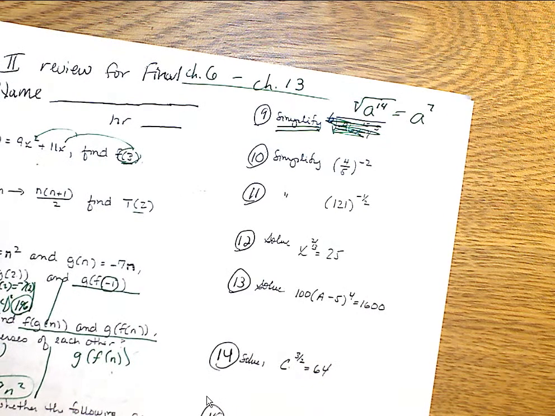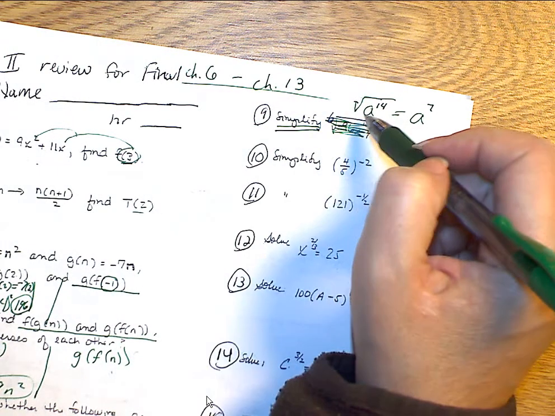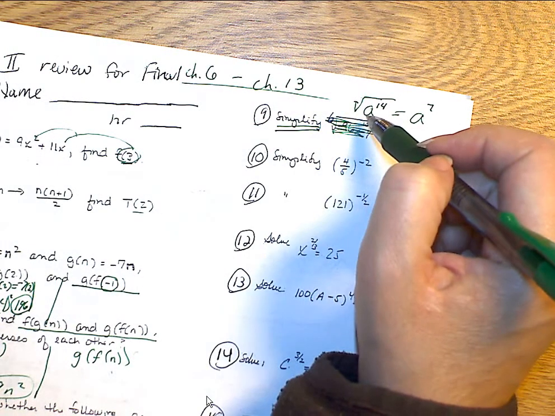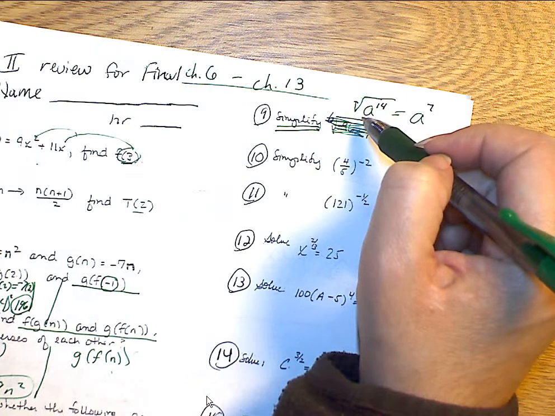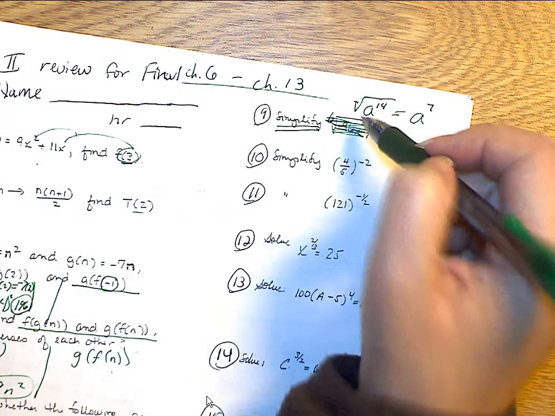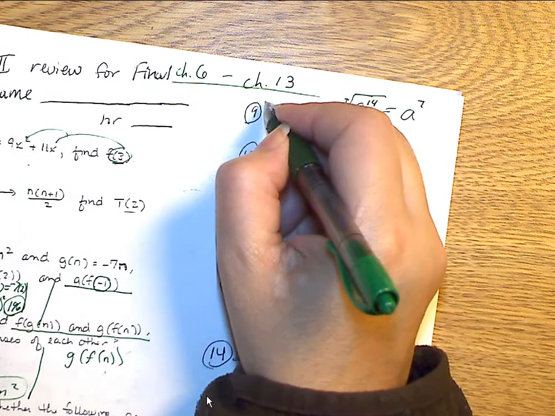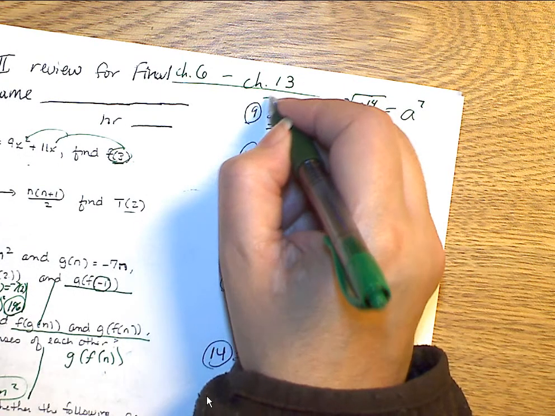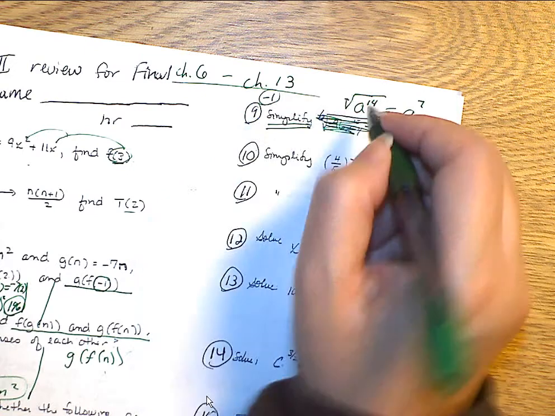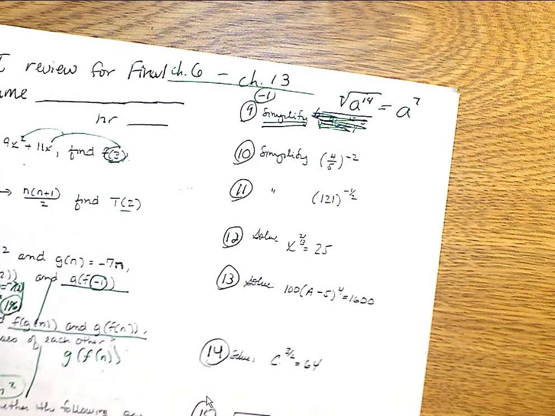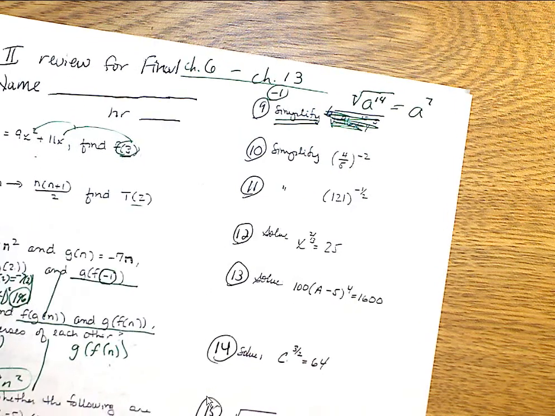If a was -1, I put it in here, what would you have to do first? -1 times -1, 14 times.